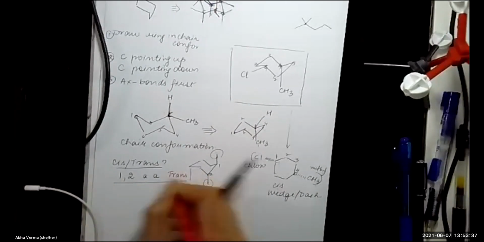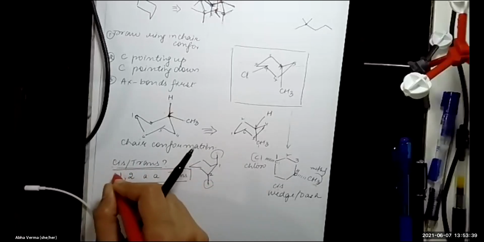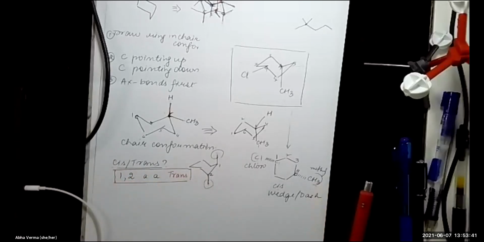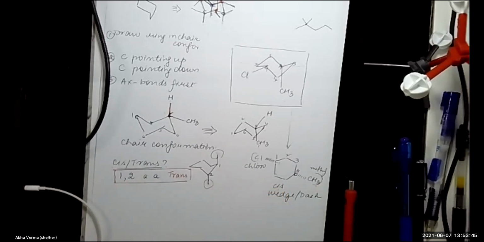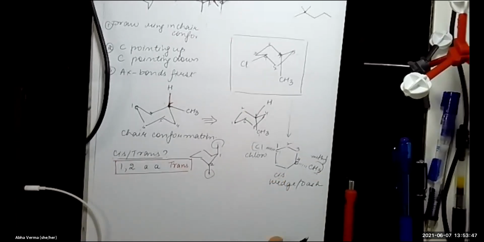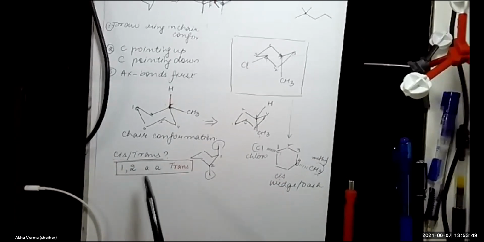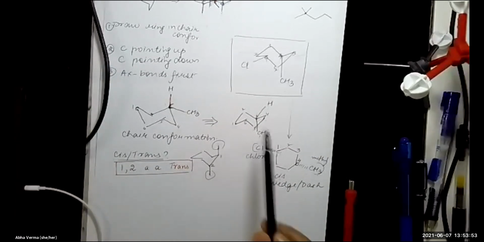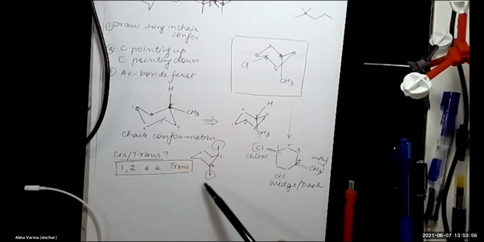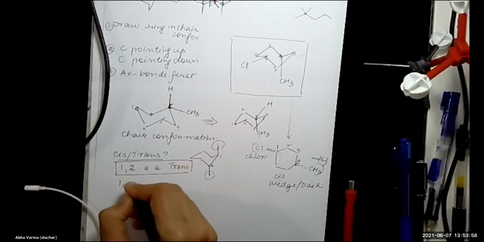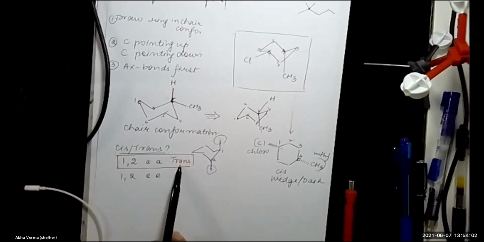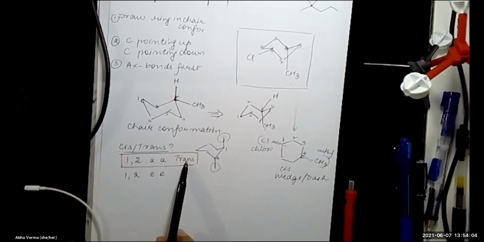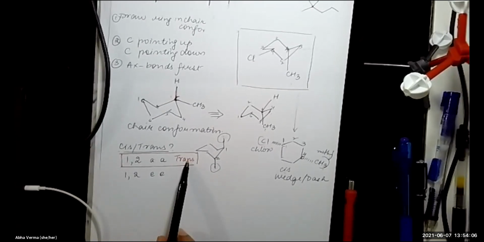Any questions from this part? Because if you memorize this relation, you will be able to memorize all the other relations as well. So 1, 2, axial, axial are trans. When you flip it, both of these axial will become equatorial, right? But do you think we will change the stereo centers, or will we change the orientations at that point?